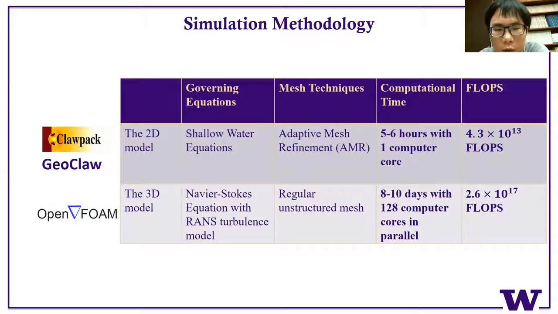We use a quite famous open source CFD package called OpenFOAM. Here you can see the computational time is 8 to 10 days with 128 computer cores in parallel. A CPU on a supercomputer typically has 16 cores, so 128 cores means 8 CPUs.